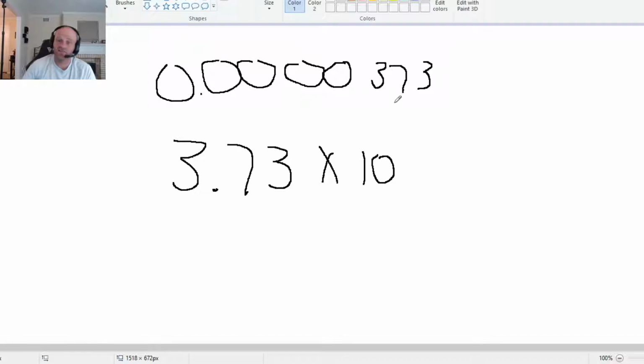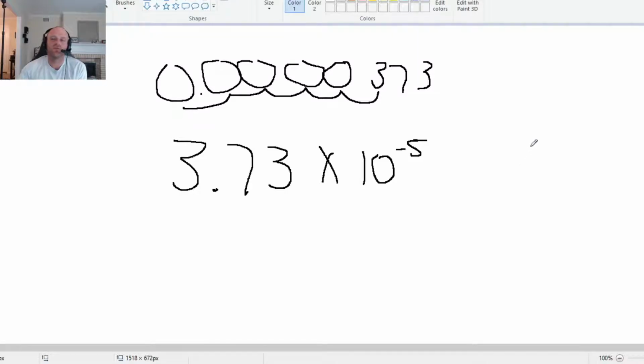Same thing, except this time it's going to be a negative exponent. So counting until I get to the single digit place: 1, 2, 3, 4, 5. It's 3.73 times 10 to the negative 5. That's how you write it.